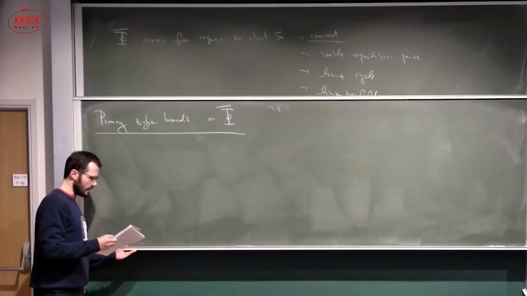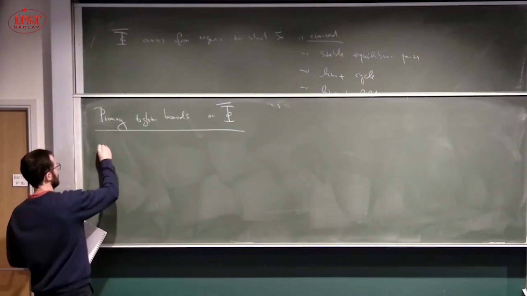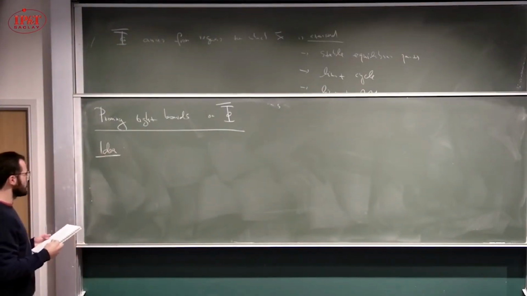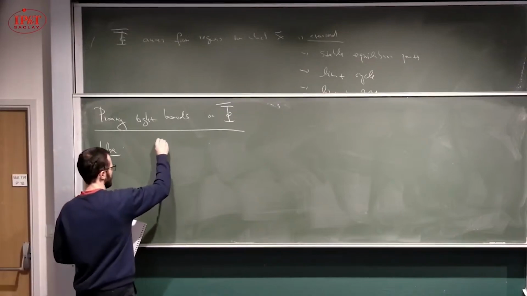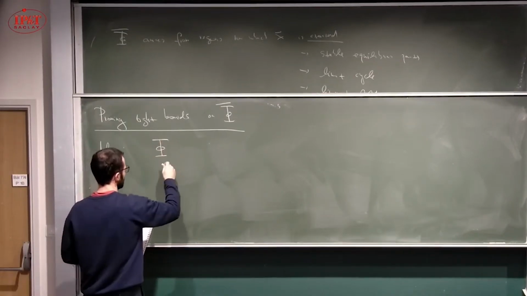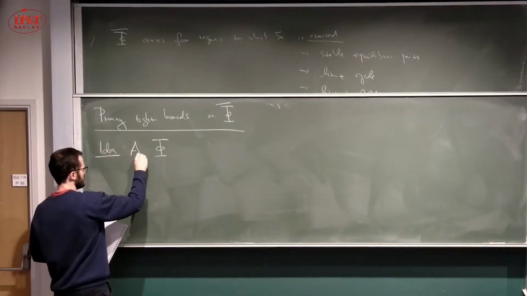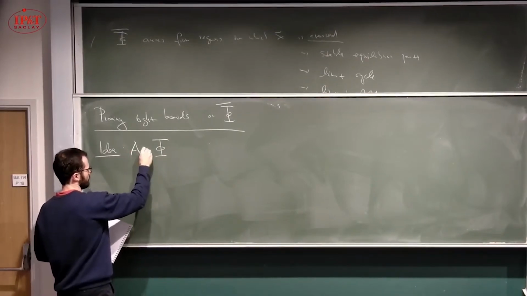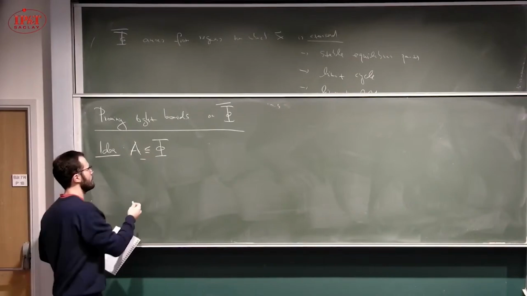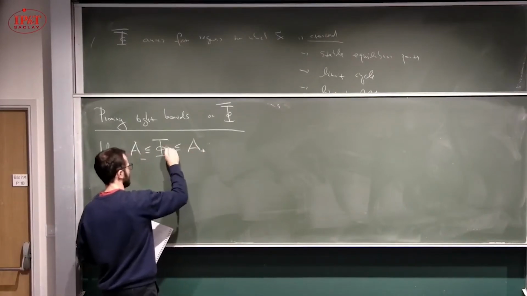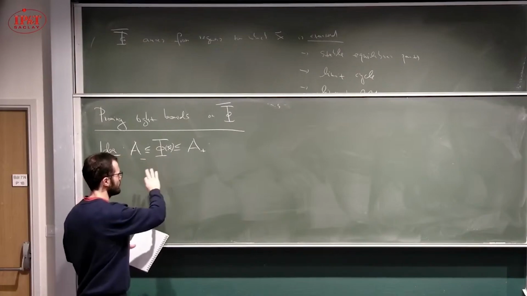So what's the idea? The idea is the following. So imagine you have some observable phi. So suppose that phi is such that it's actually bounded as a function in Rn. It has a lower bound, some a minus and a plus. Suppose this holds.